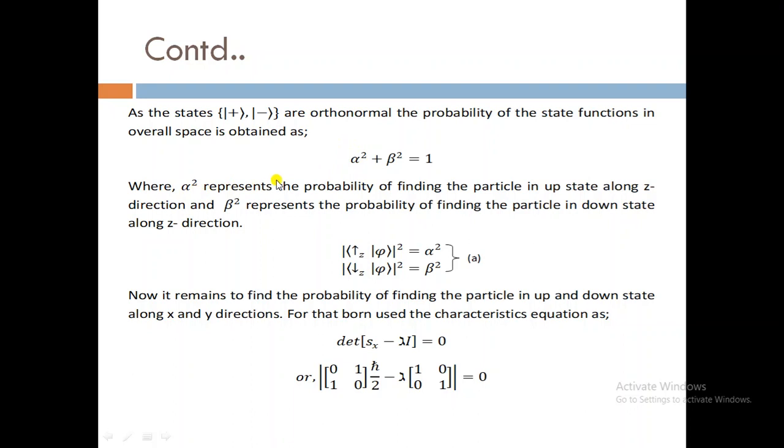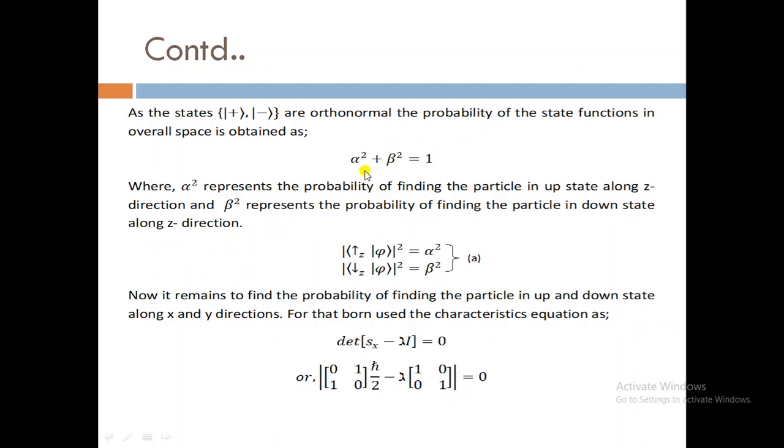Alpha square represents the probability of finding the particle in up state along z direction. Likewise, beta square will represent the probability of finding the particle in downward z direction. Beta square represents the probability of finding the particle in down state along z direction.